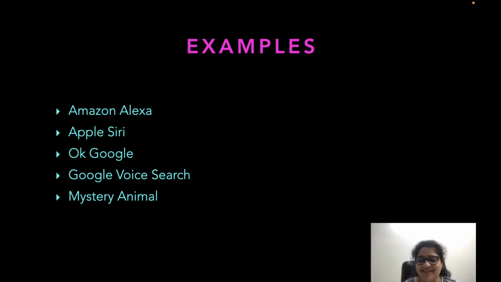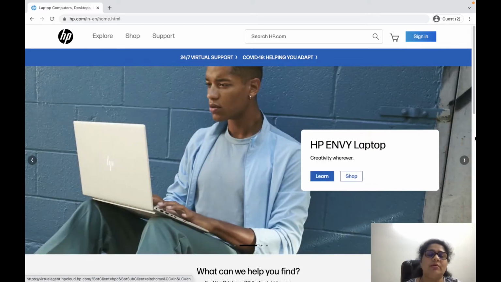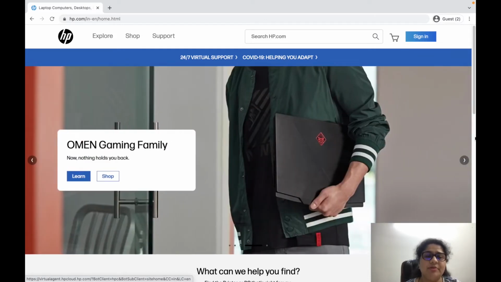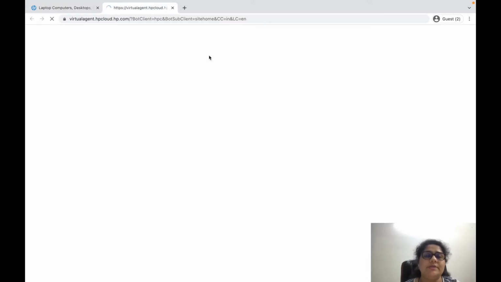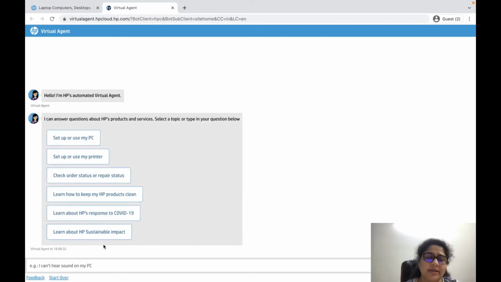All right. So let us see the demonstration of troubleshooting customer problems using a chatbot, right? The functionality we were talking about. So I have just opened this HP website purely for demonstration purposes. Here you can see 24/7 virtual support. I'll click on this, and at the bottom you can see, one moment while it is getting ready.